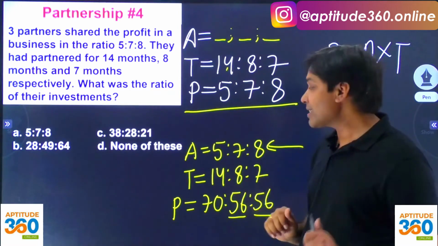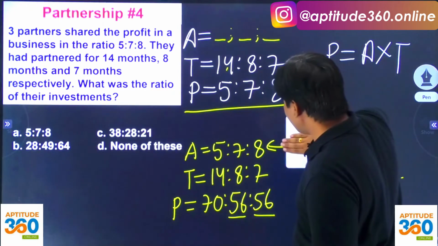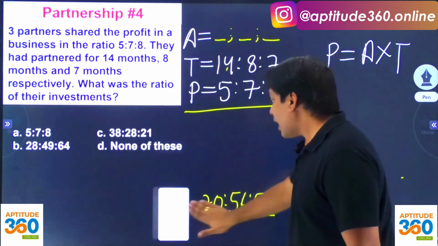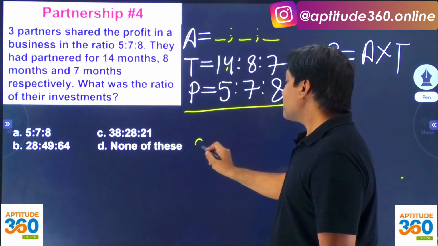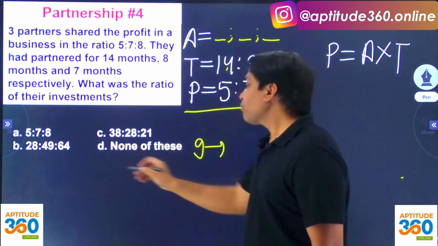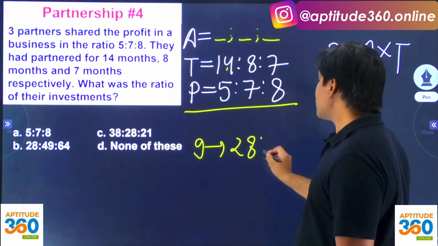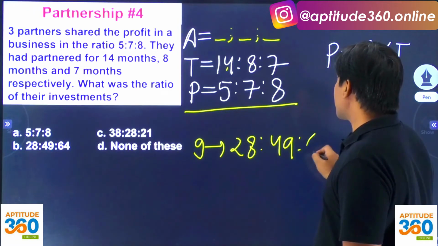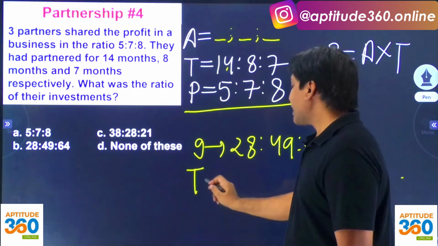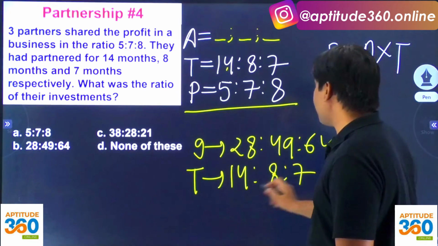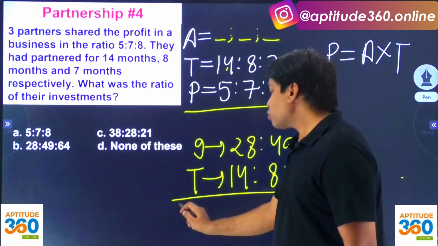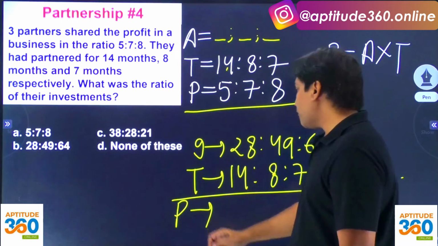Did you understand this? And if A cannot be the answer, what am I going to do? I will check option B. So if the investment here is 28 is to 49 is to 64, and the time period is given to me as 14, 8 and 7, and I multiply these two, I should get the ratio of the profit. Now understand this.